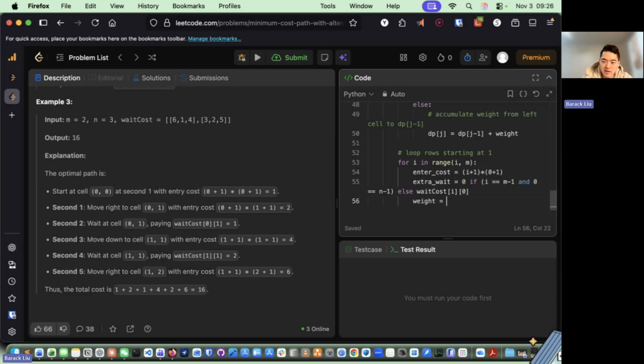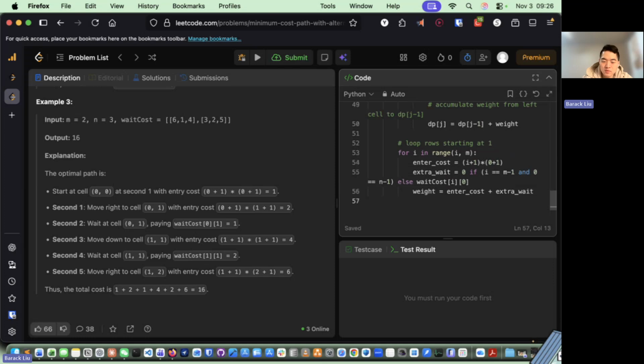Also let's add them together. And update the dp0.